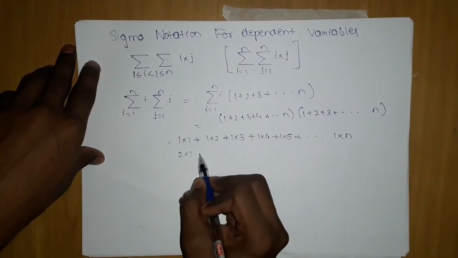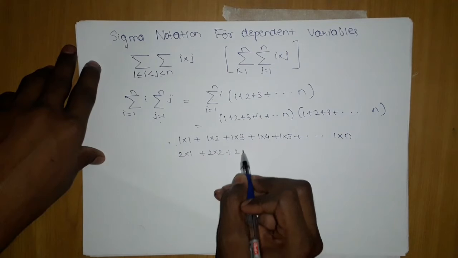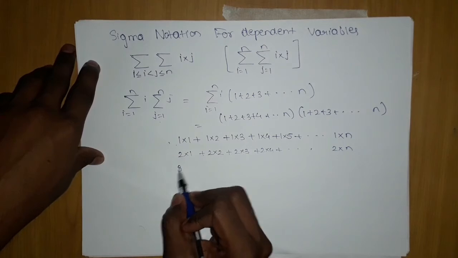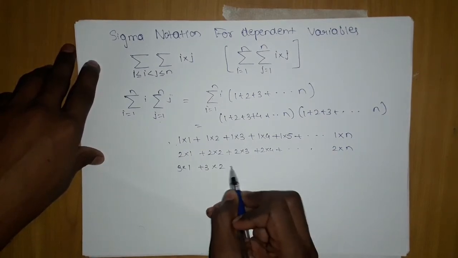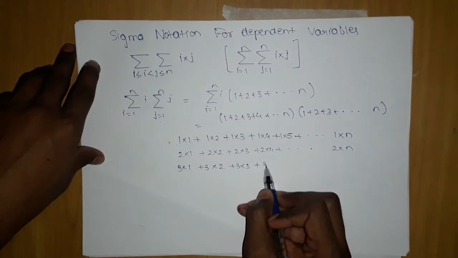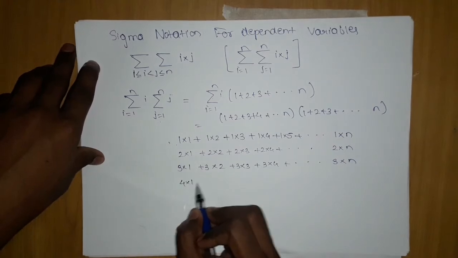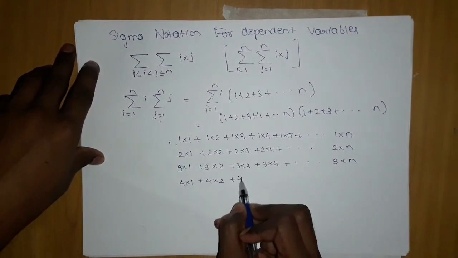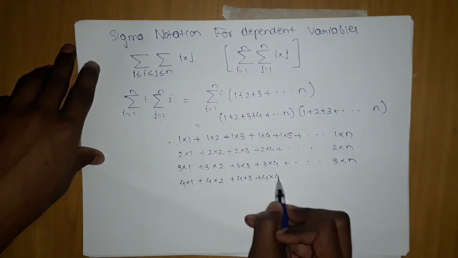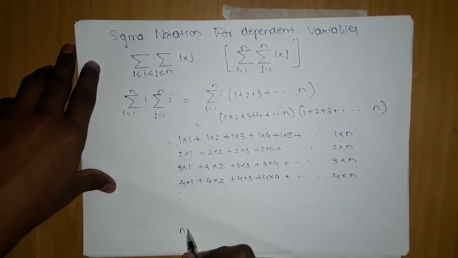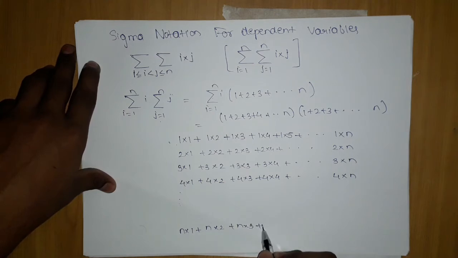Similarly 2 cross 1, 2 cross 2, 2 cross 3, 2 cross 4, and so on till 2 cross n. 3 cross 1, 3 cross 2, 3 cross 3, 3 cross 4, and so on till 3 cross n. 4 cross 1, 4 cross 2, 4 cross 3, 4 cross 4, and so on till 4 cross n. And there will be a point where n cross 1, n cross 2, n cross 3, n cross 4, and so on till n cross n will appear.